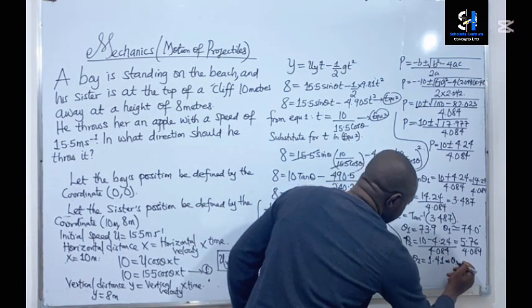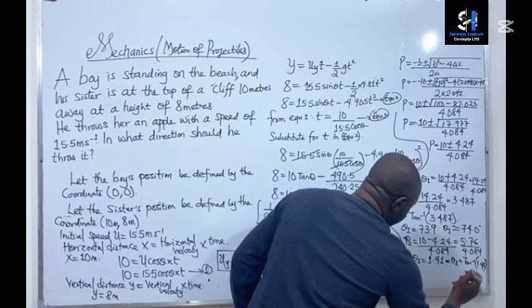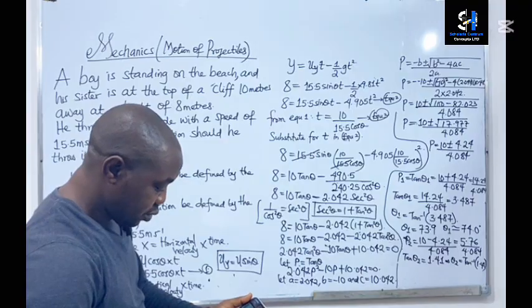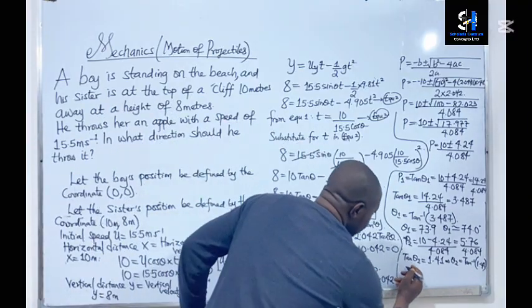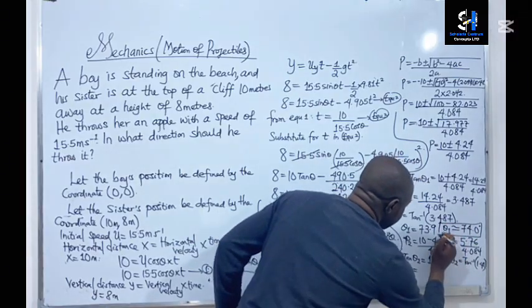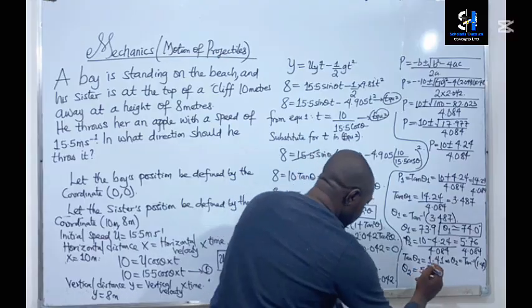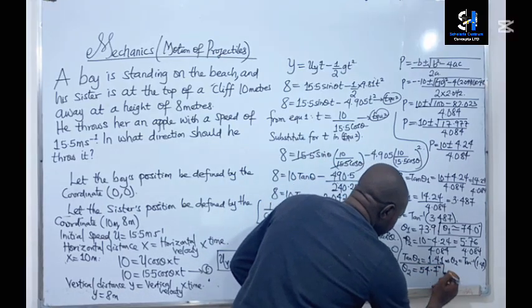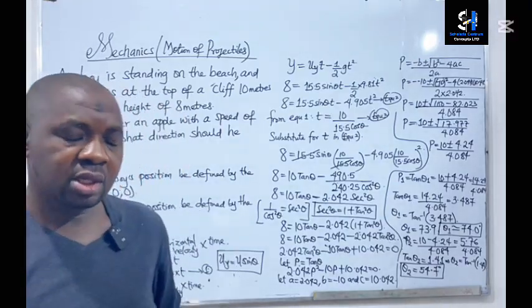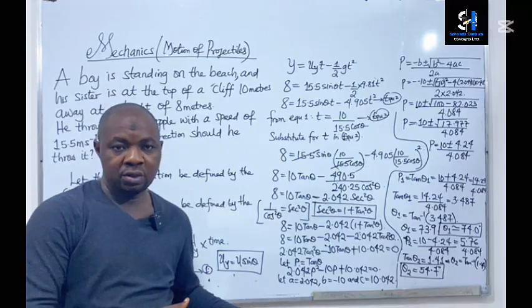So from here we can say theta 2 equals the inverse tan of 1.41. Let's get the inverse tan of 1.41. So theta 2 is 54.7. That's theta 2.